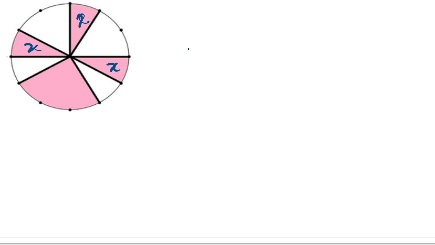So let's assume the area of the entire circle is A sub C, where I'm going to state that that is A. So this is a quarter of A. Now if we can find X in terms of A, that will be the most helpful thing that we can do to this problem in order to get the answer. So let's think about that for a little while.